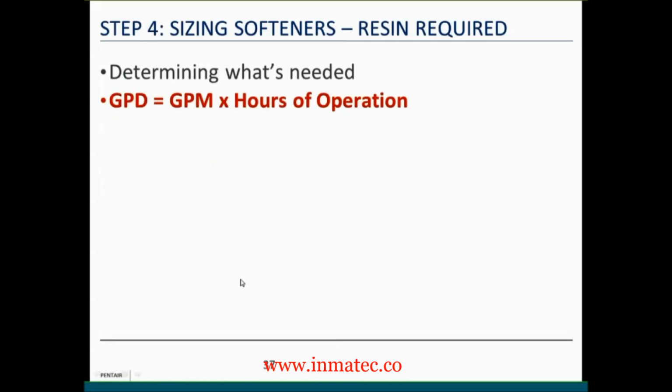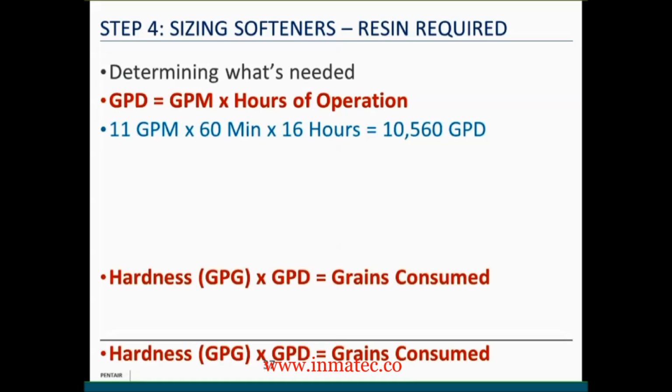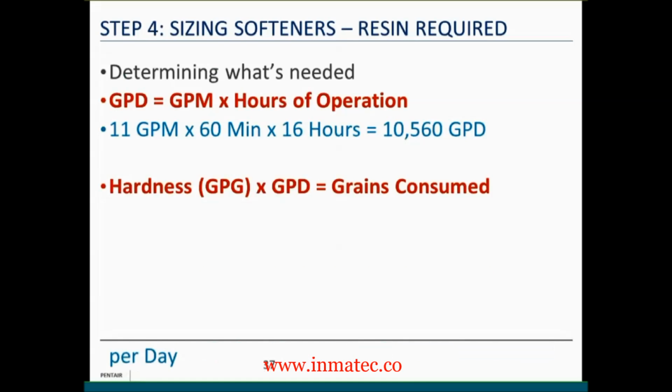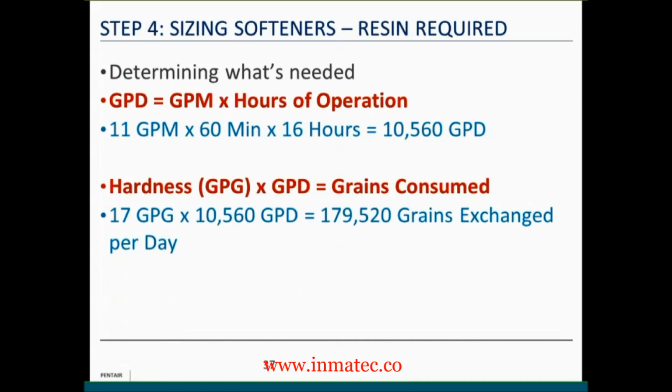Now, resin required is calculated by taking the gallons per minute times the minutes times the hours of operation. So they have an 11 gallon per minute flow demand times 60 minutes times 16 hours of operation. They use 10,560 gallons per day.